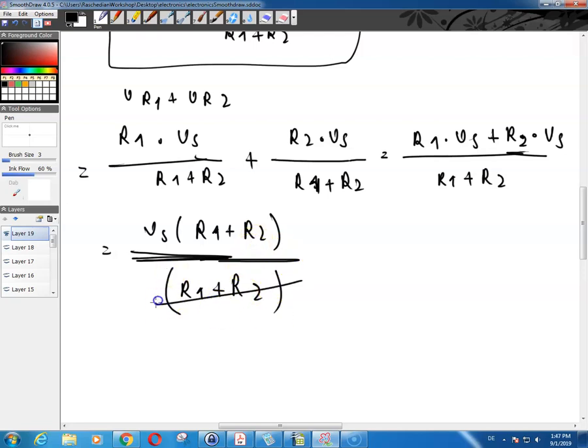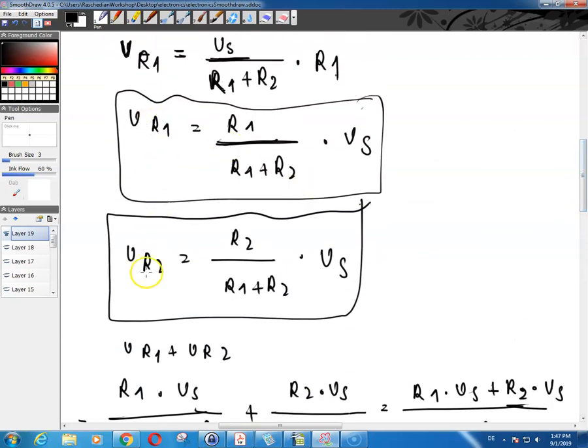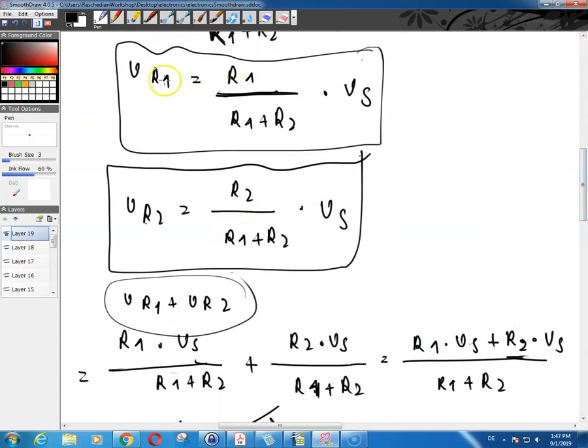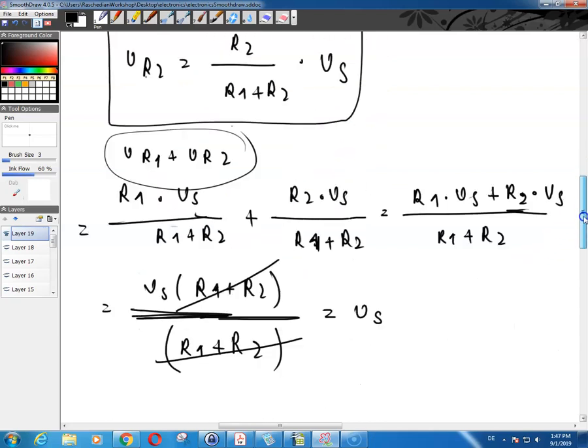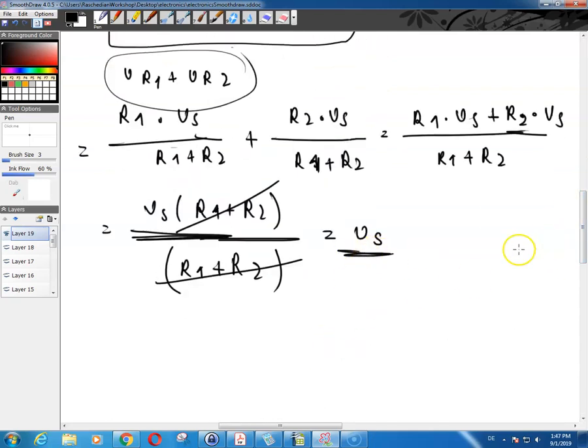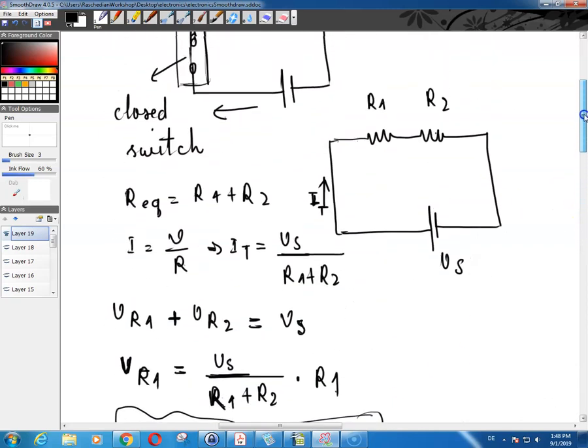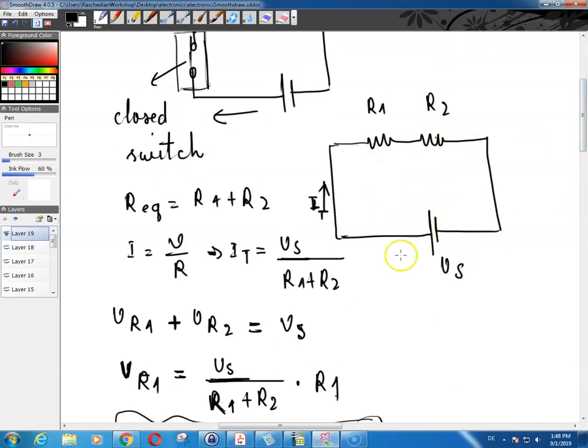And as you can see, these two will cancel out and you will be left with V of S. That means that the voltage drop across the two resistors, V of R1 plus V of R2, I started over here with V of R1 plus V of R2, and I wrote these two relationships for V of R1 and V of R2, and then I was left with V of S. And that's basically what happens every time, all the time, in series circuits. The voltage drops across the resistors add up to the power supply voltage.